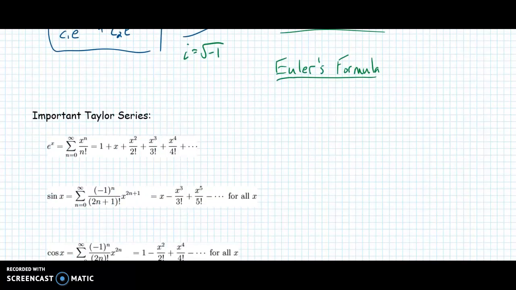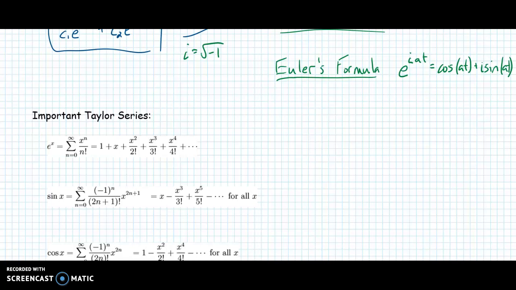Okay, so it says e to the iat equals cosine of at plus i sine of at. So what it does is it takes an exponential and turns it into sines and cosines. That seems kind of wild. Also, it's taking the exponential of an imaginary number times time.